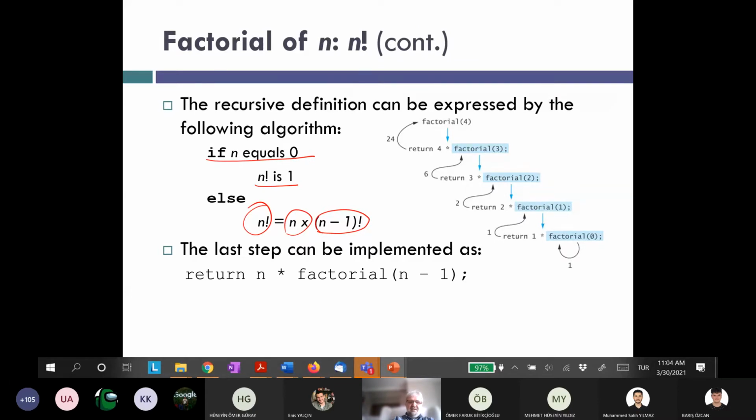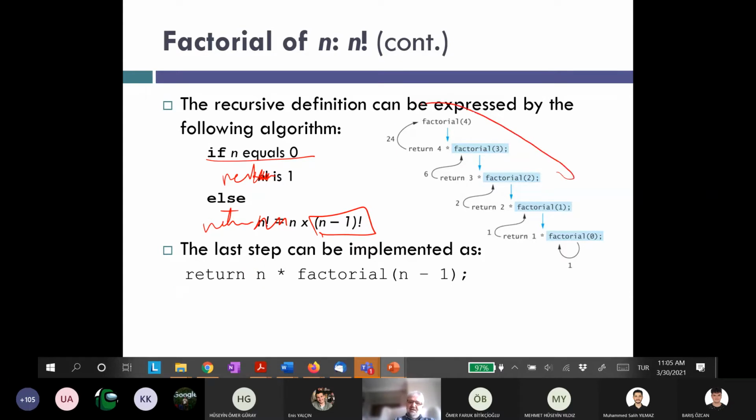And we can write the algorithm like this: we just return, and this can be calculated by a recursive call, as in here. We calculate the factorial of n minus 1, multiply with n, and return it to calculate n factorial.